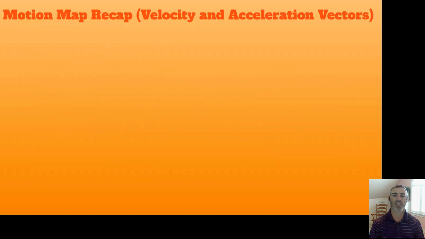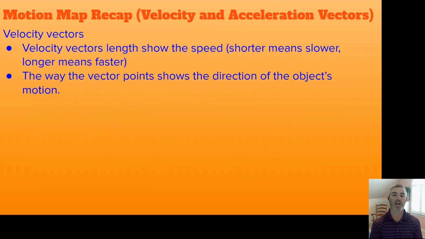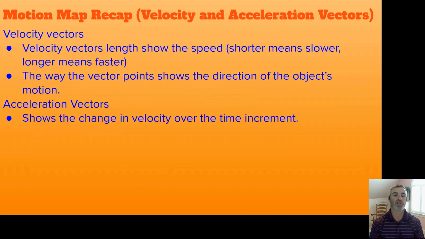If we look at our velocity and acceleration vectors, the length of our velocity vector shows the speed. Shorter means slower, longer means faster. The direction the vector points shows the object's motion. The acceleration vectors show the change in velocity over our increment of time. So that was either positive or negative, depending on the difference of those two velocity vectors.